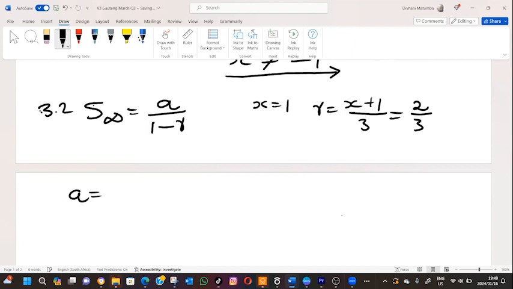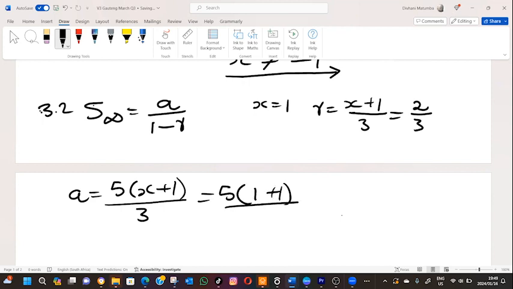So your first term is given by 5 into x plus 1 all over 3, which is equal to 5 into 1 plus 1 all over 3. This will give us, now 2 times 5 is 10. 10 divided by 3, that is 10 over 3.